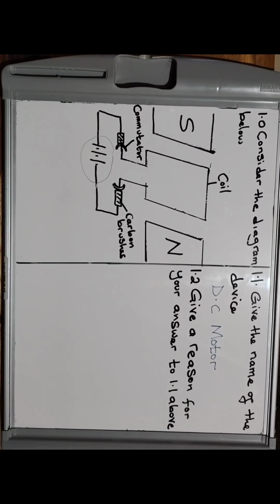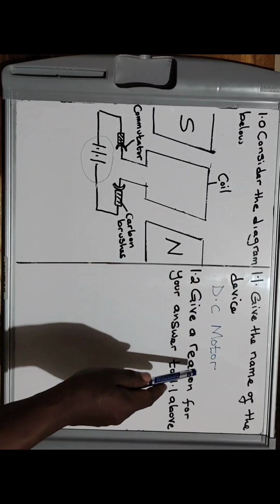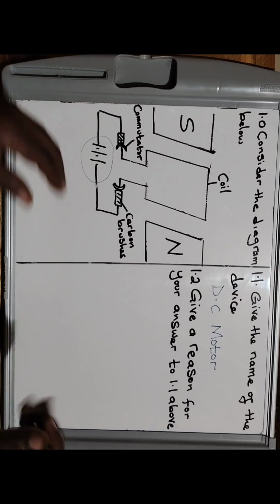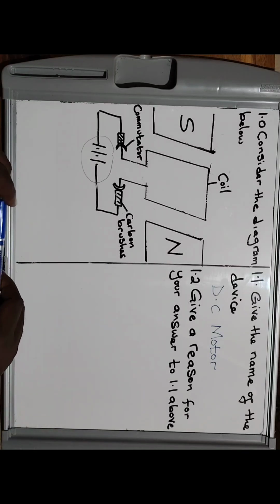Then comes another question. The question says, give a reason for your answer to 1.1 above. In 1.1, we said it is a DC motor. Why? That's what the question wants. Why do we say it's a DC motor? We answered it already.